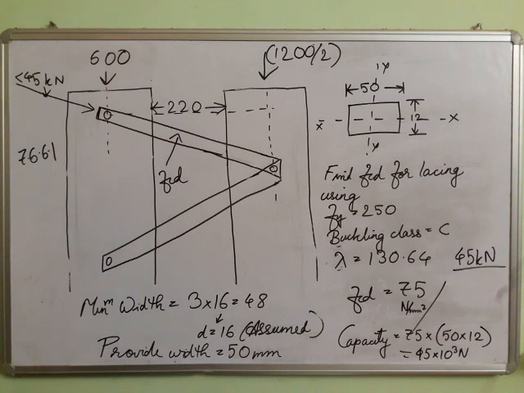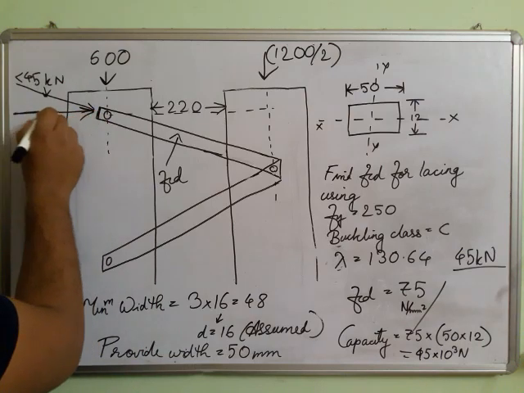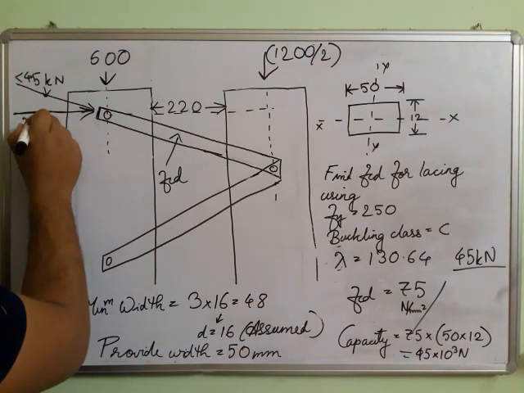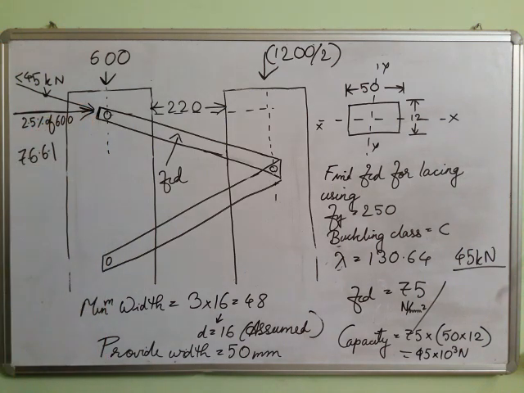So this 600, according to clause 7.6.6.1, will have a transverse component which is 2.5% of 600. How much is this?